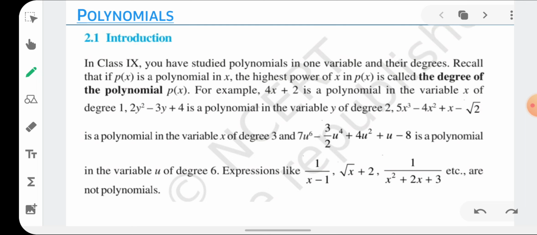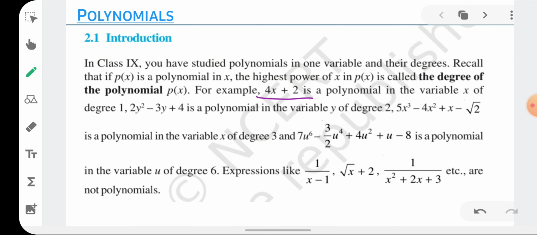So, before discussing further, first of all, let's recall what a polynomial is. Students, here we will understand about the polynomial. Look at the example: 4x plus 2. 4x plus 2 is a polynomial.